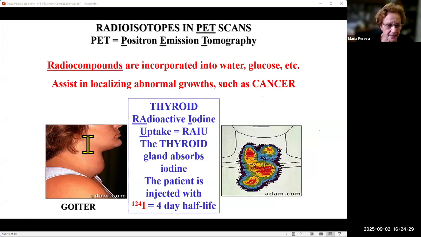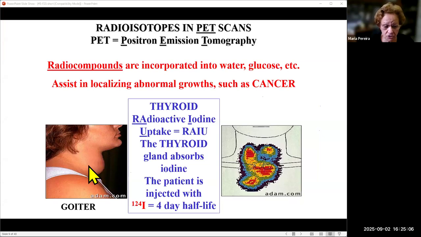So for example, let's say you want to study the thyroid. So the thyroid is an organ in our body or a gland that concentrates iodine 1,000 times. There's 1,000 times more iodine in the thyroid than in other parts of the body. So if we inject an individual with this radioactive iodine 124, which is unstable, now the release of that energy can be used to generate a PET scan.